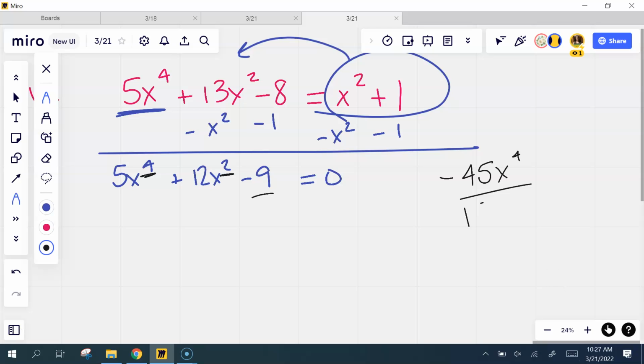Oh, you got that quicker than I did. 15x squared, negative 3x squared, right? It's got to add to positive 12. So that's how you determine which one's positive and which one's negative. I am going to do the negative term first before I group because it'll make it a little bit easier for me.